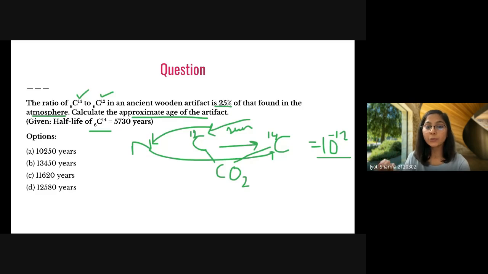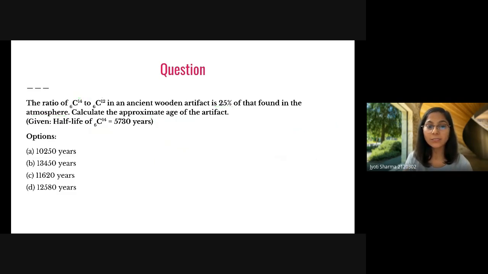The amount of C14 will start decaying, because it is radioactive in nature. That means if some body has died, then the ratio of C14 to C12 will reduce, because the radioactive C14 will start to decay. So based on that reduced ratio, we can calculate the age. Let's see how we can calculate this. So this was the basic principle.